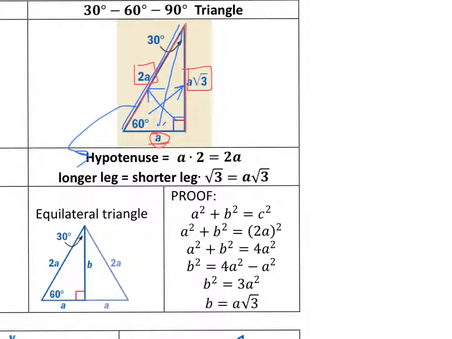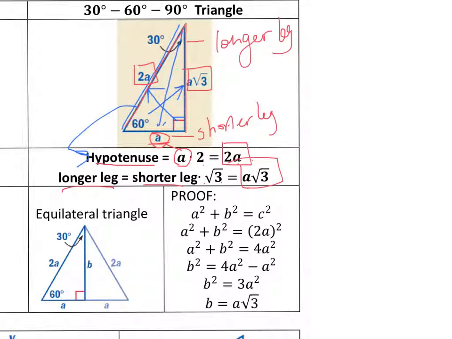Now let's summarize this. The hypotenuse is equal to a, the shortest length, multiplied by 2, so 2a. The longer leg is equal to the shorter leg multiplied by the square root of 3, so a times square root of 3.